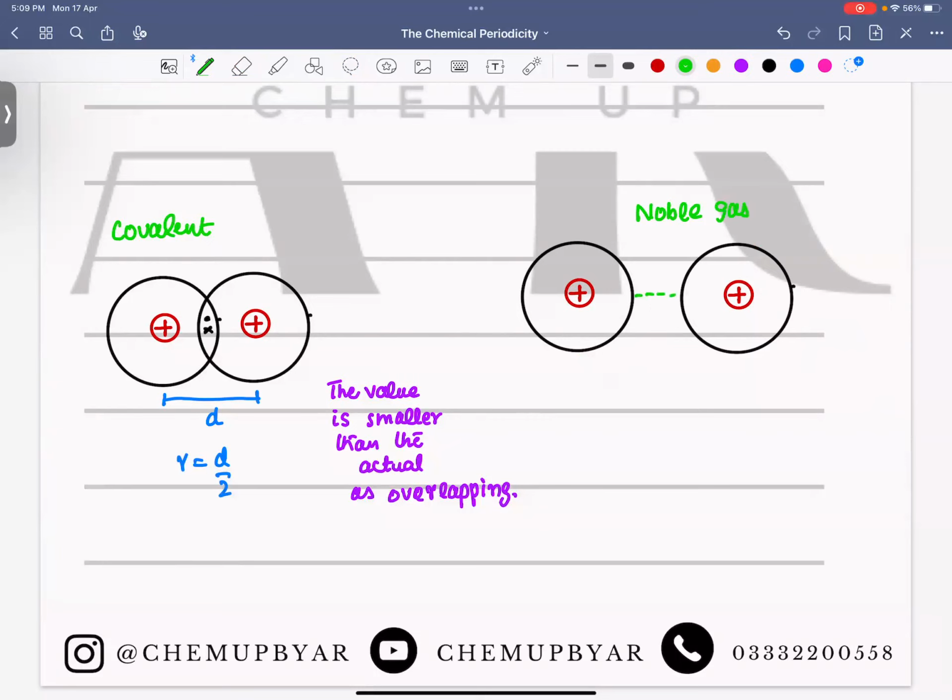So there would be intermolecular forces or the van der Waals forces between the two nuclei. And here I am also able to measure the distance, but this distance can give me the radii, but the radii that I get from this value is greater than the actual one.